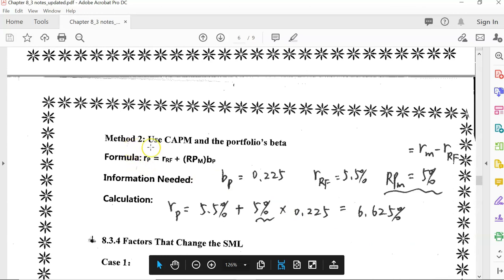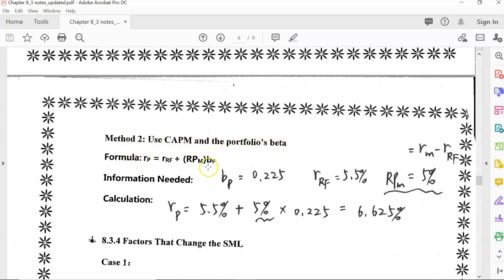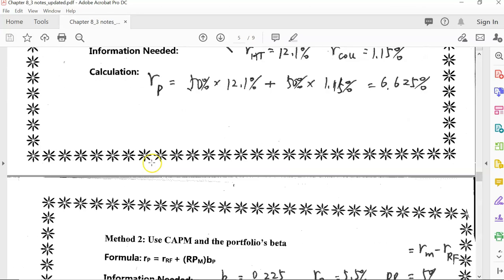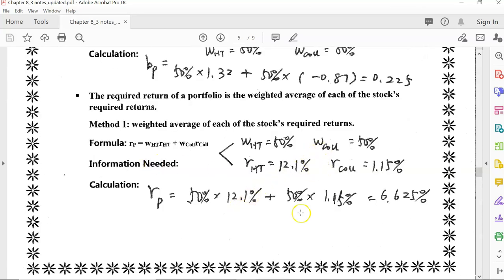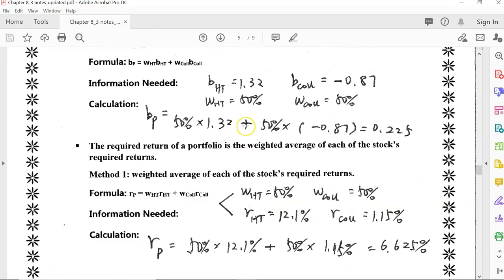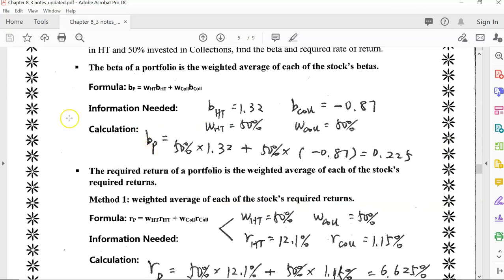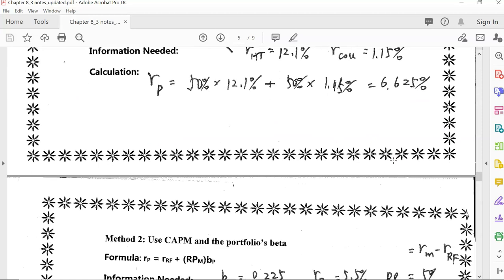Another way to calculate portfolio return is to calculate portfolio beta first and use the CAPM model to calculate portfolio return. Instead of using the two returns of the stocks multiplied by two weights to get the portfolio return, we can use the first step here to calculate portfolio beta as 0.225.